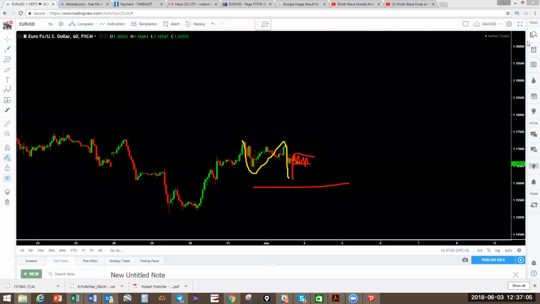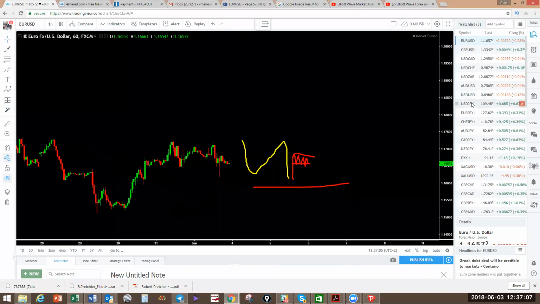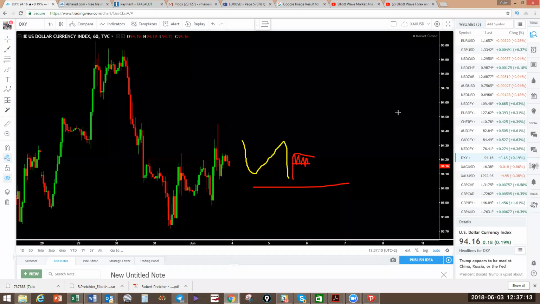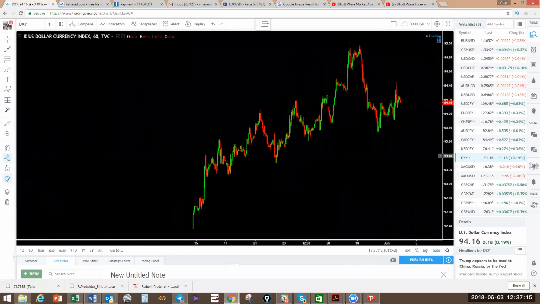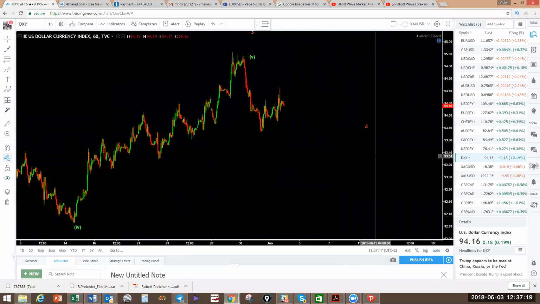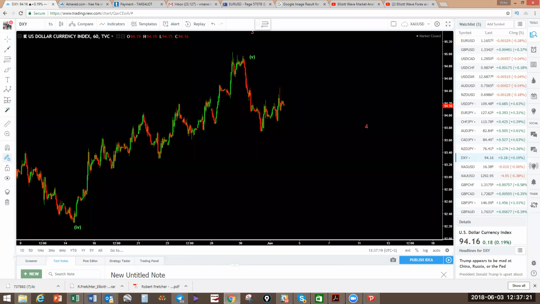Okay, and the DXY. DXY is similar. It's just the inverse of Euro US dollar. So similarly, we are looking to build that wave 4, and this is what you will be looking for. You already have a 1, 2, 3 wave, and now you're getting a pass down, you're getting a correction. So you're expecting a move to the downside.